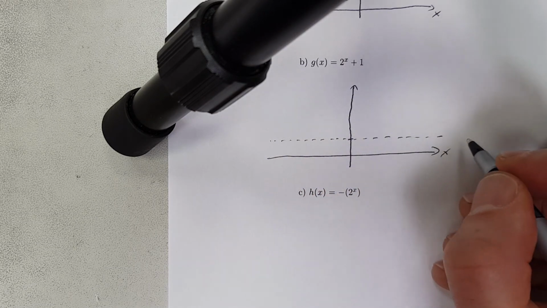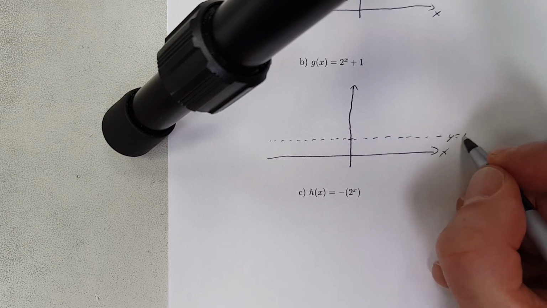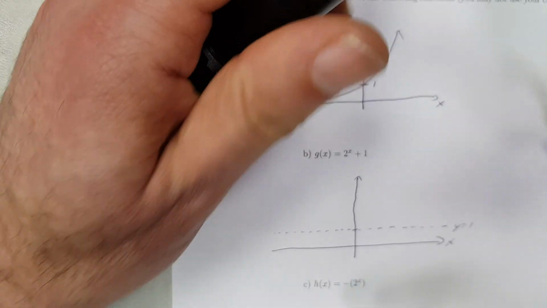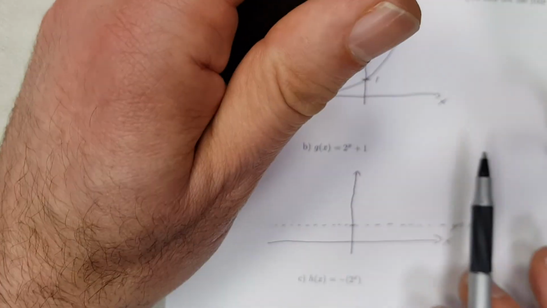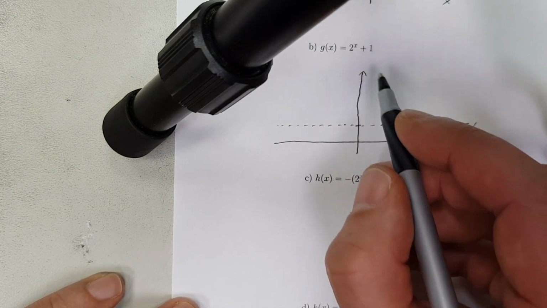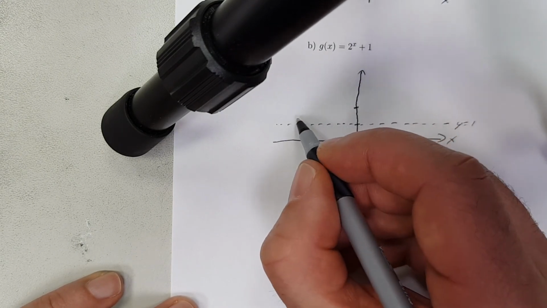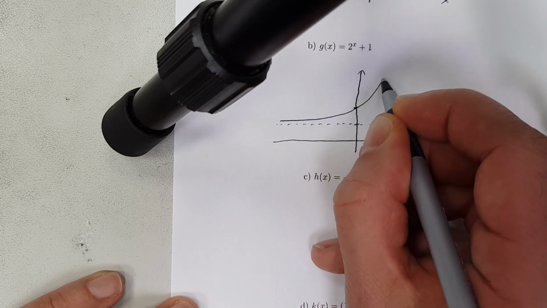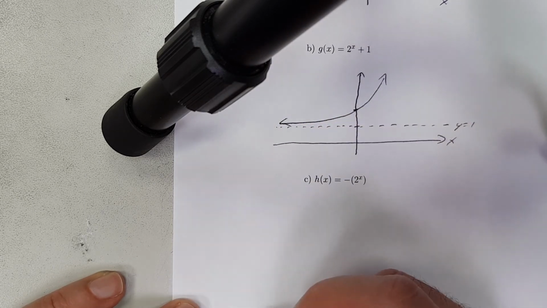We're going to dot the asymptote in. The curve in A approached y equals 0. This one approaches y equals 1. And instead of crossing at y equals 1, it's going to cross 1 unit up at y equals 2. It's just the whole thing shifted up 1 unit. But it has the very same shape.